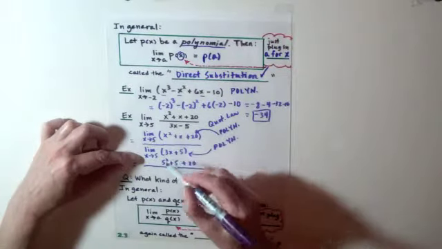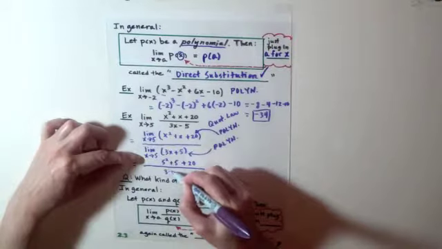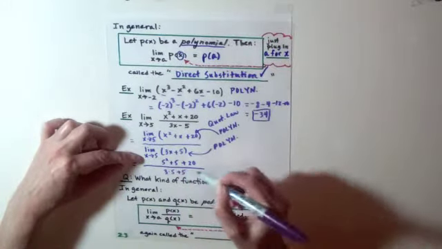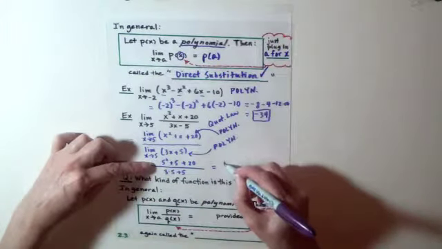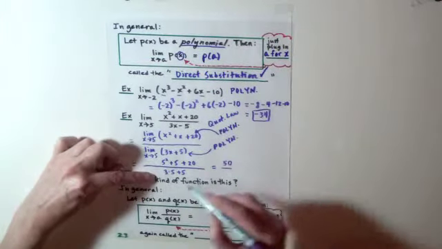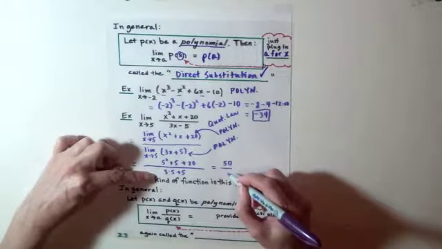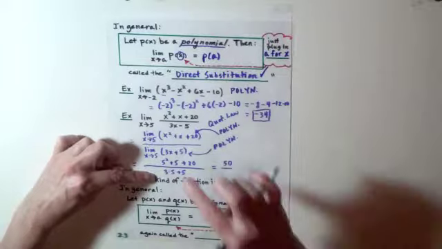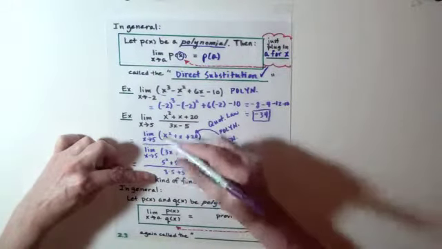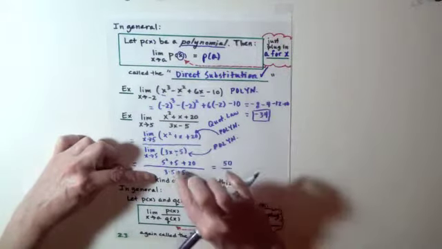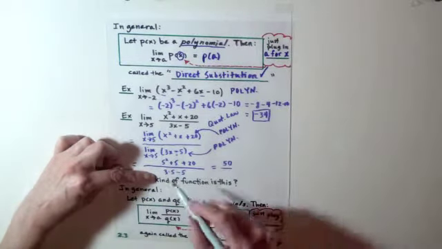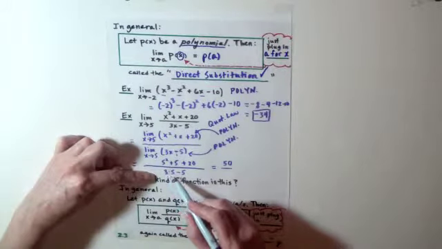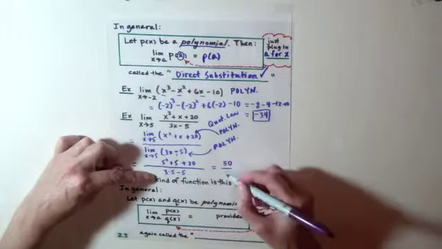I simply replace the x I see with the number 5, and we would end up with, let's see, 25 plus 5 plus 20 would be 50 in the numerator, over, excuse me, this should have been a 3x minus 5, and this should have been a 3 times 5 minus 5. So in the denominator, I would end up with 3 times 5 is 15, minus 5 would give me 10.